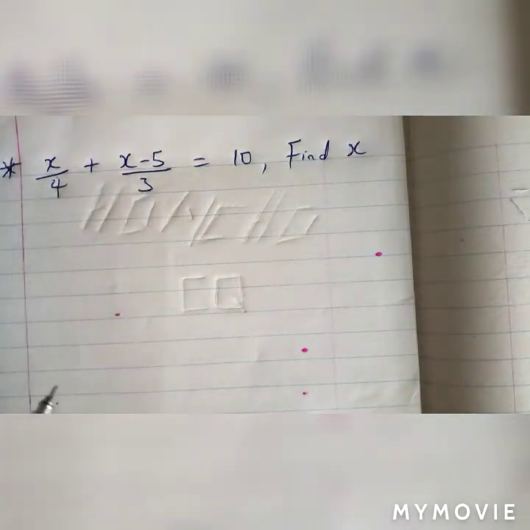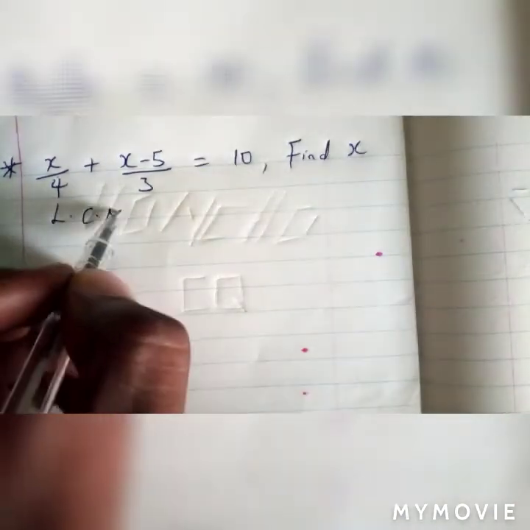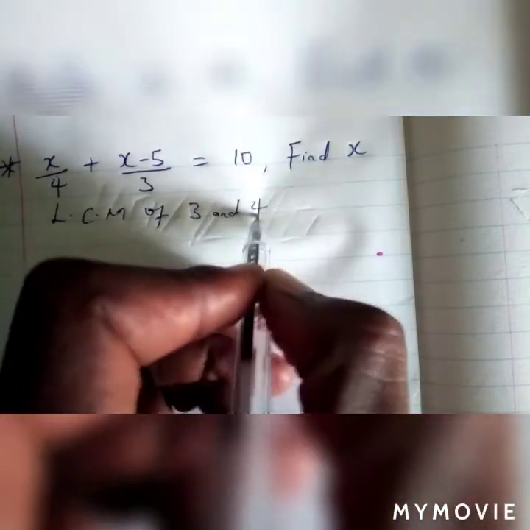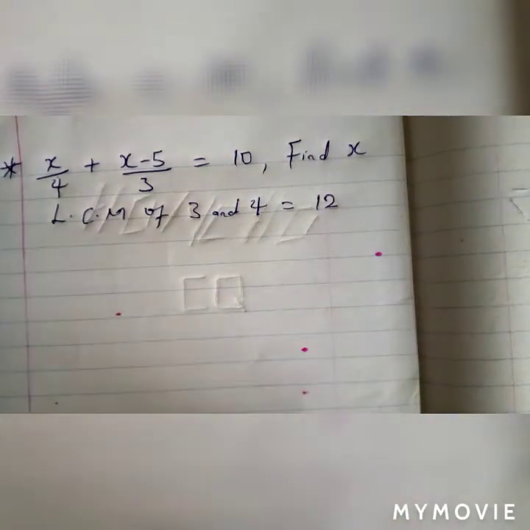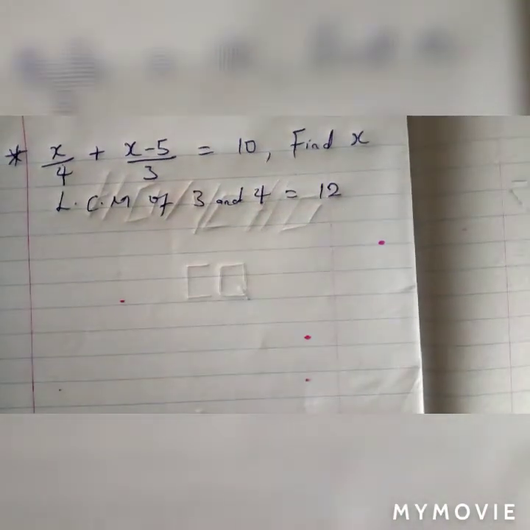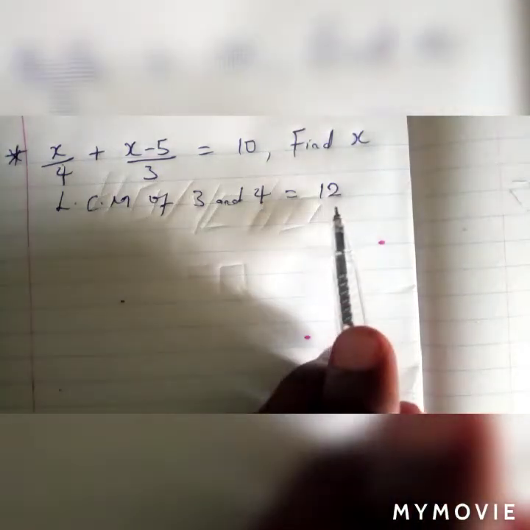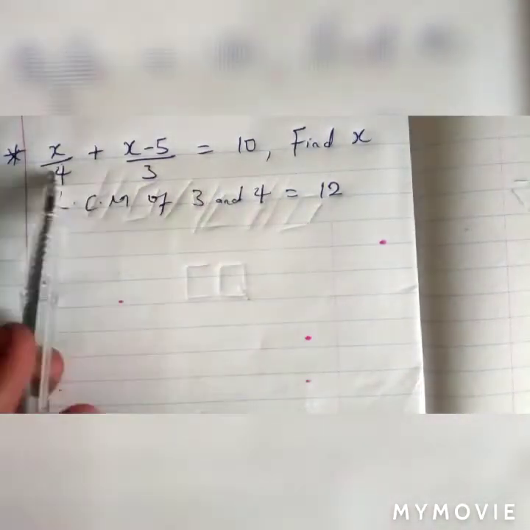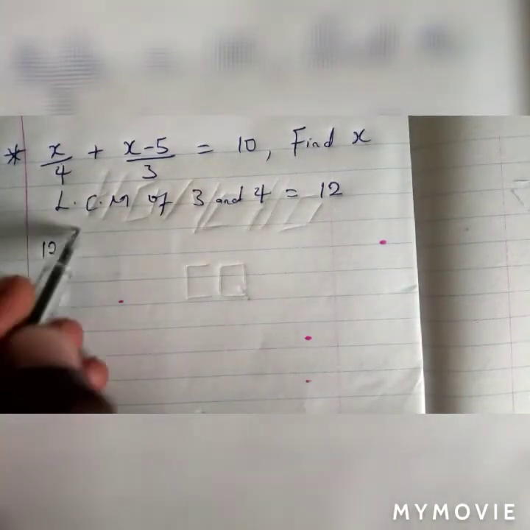The lowest common multiple of 3 and 4 is 12. Now since we've gotten the LCM as 12, we are going to use 12 to multiply each of the terms here.